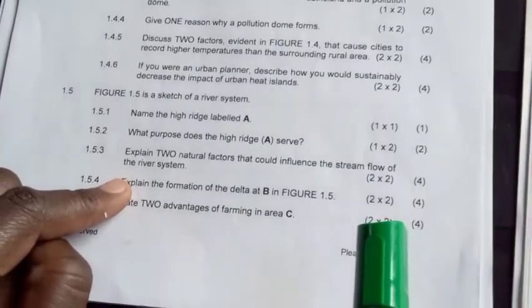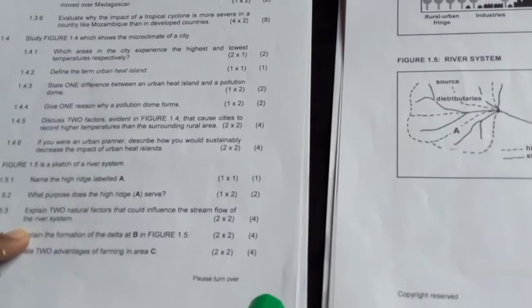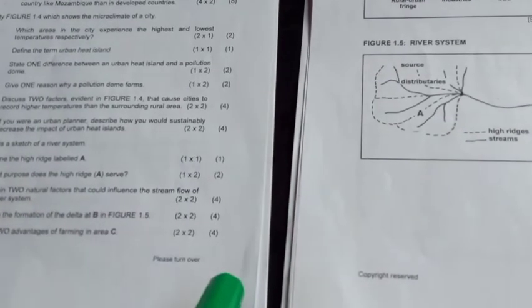Can you explain two natural factors that could influence the stream flow of a river system? Two natural factors that could influence the stream flow of a river system are, when we have high rainfall, it can lead to higher stream discharge.